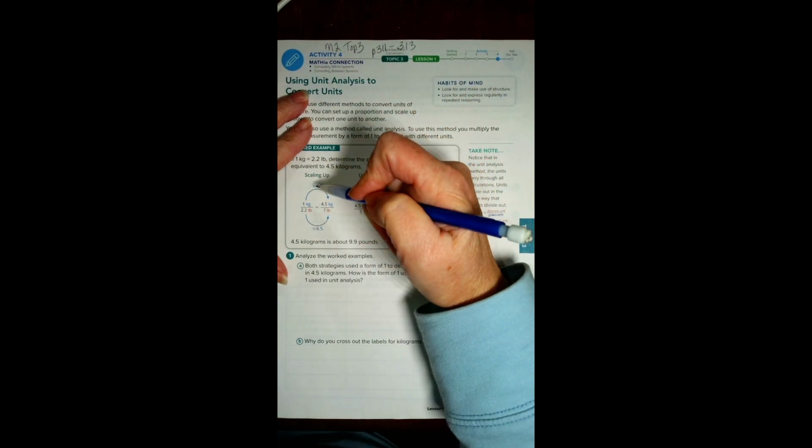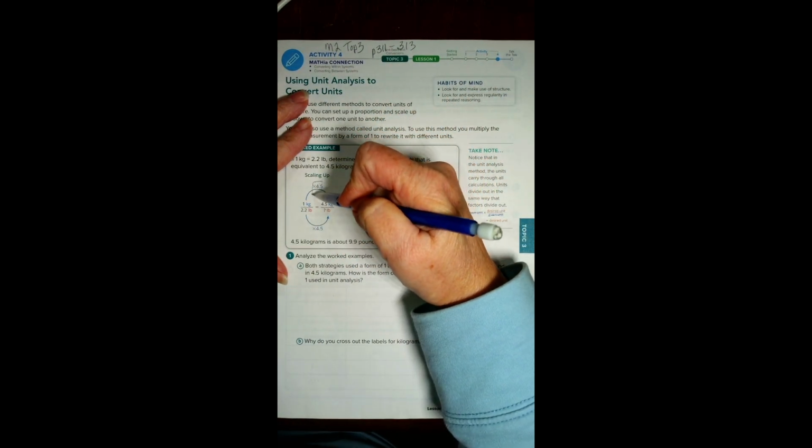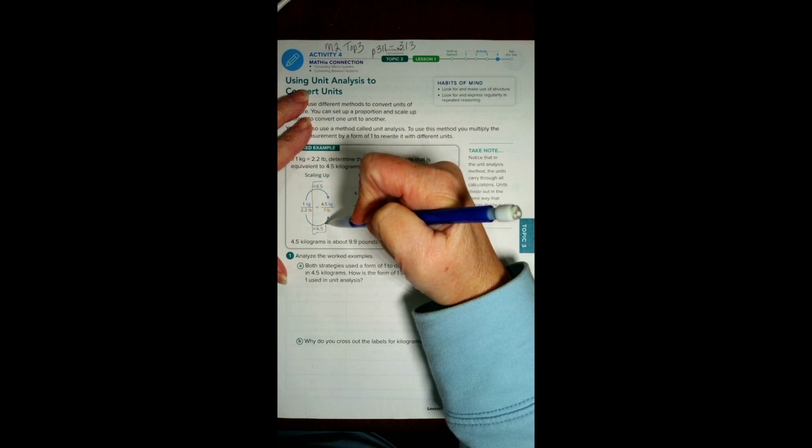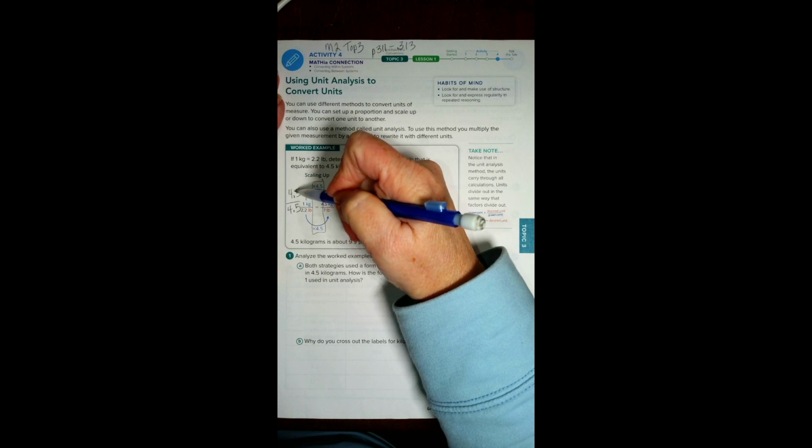I do want to just point out to you here, and I think we've talked about this briefly. Notice how we're multiplying both by 4.5. So we're actually multiplying by 4.5 in the numerator and 4.5 in the denominator. And what is a fraction equal to when we have the numerator and the denominator as the same number?